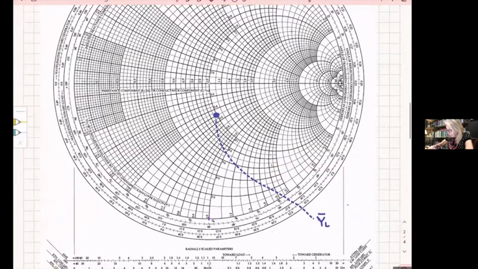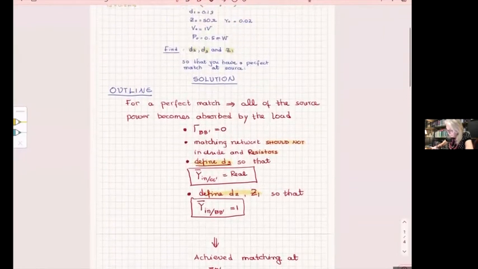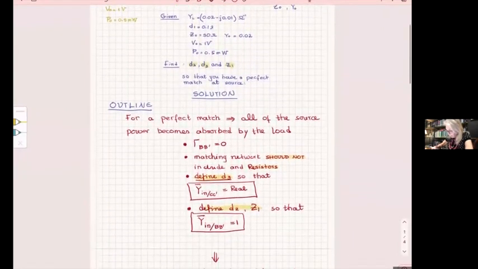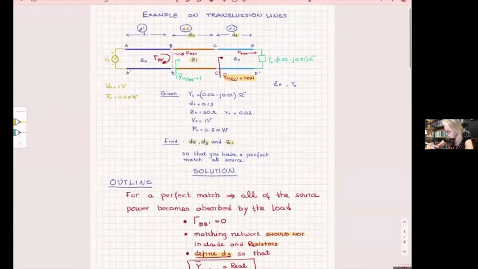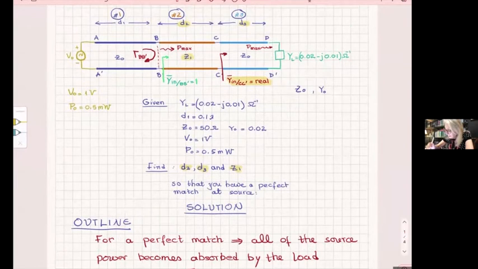Now from there, what did I say I'm going to do? I will define D3. Let's read what I wrote. I will define this length. That's where my YL is, here. When I move from there towards the generator, this is how I'm moving.